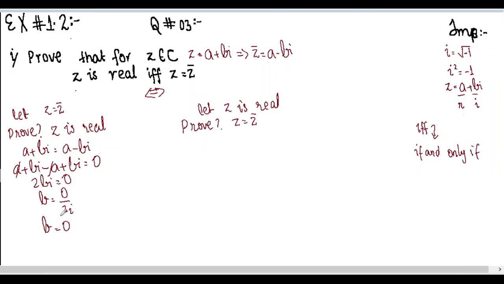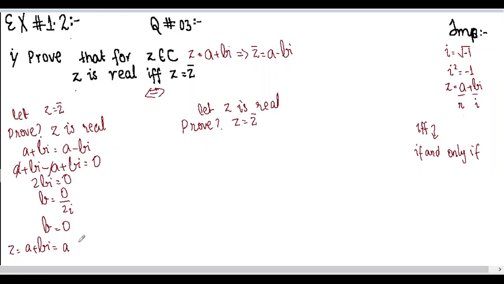Now b equals 0, and now putting this value of b in this complex number, z equals a plus b iota. So z equals a plus b iota when b is 0, so this whole term is 0 when it is multiplied by iota, so it becomes a. Now z equals a, and a is the real part of this complex number, so we have proven that z is a real number. z equals a.